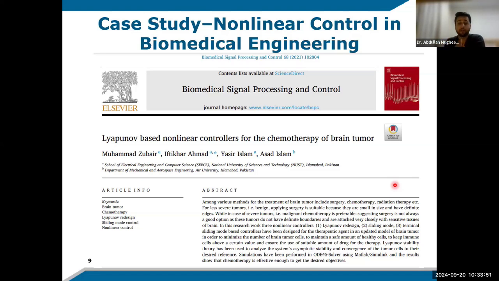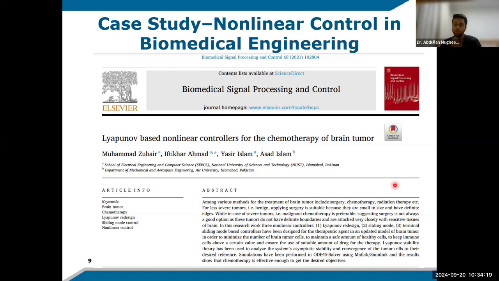Well, different control techniques will give you different answers, and nonlinear control techniques have always been proved to give more accurate answers, and they give answers based on an output that you want. Okay, you will tell it, I want this person to be healed, I want this brain tumor to be gone. Now tell me, how much chemotherapy should be applied for how much duration to the patient.